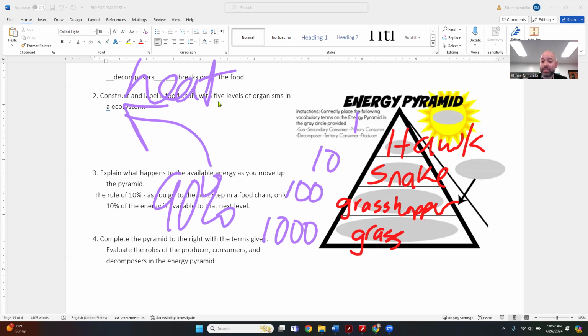What this tells us is if only 10% of energy is available to the next level, the closer to the beginning of the food chain that you're eating, the better. When people talk about eating vegetarian style or more vegetables and fruits as being healthier, part of the reason is that if you're eating the plant or stuff from the plant, you're being that primary consumer, and you're getting a larger portion of the available energy than you would if you were eating the cow that ate the grass.